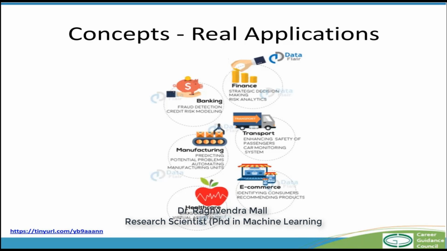In transport, enhancing safety of passengers and car monitoring systems use reinforcement learning and supervised learning. In manufacturing, predicting potential problems and automating manufacturing units are examples of supervised as well as reinforcement learning. In healthcare, drug discovery and virtual assistants are good examples of supervised and reinforcement learning. And in e-commerce, identifying consumers and recommending products are examples of recommendation systems, which is unsupervised learning.